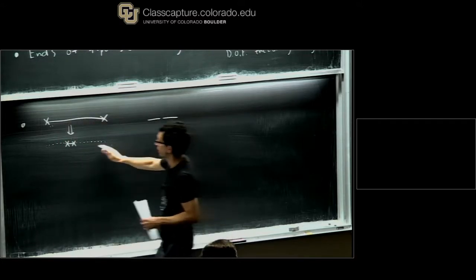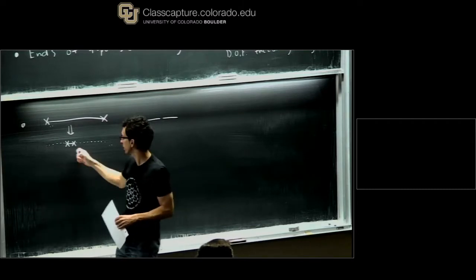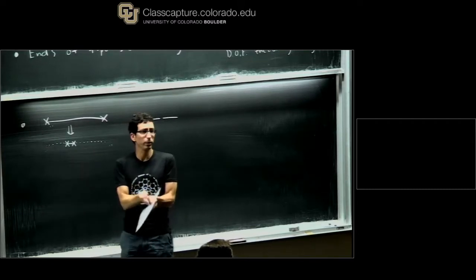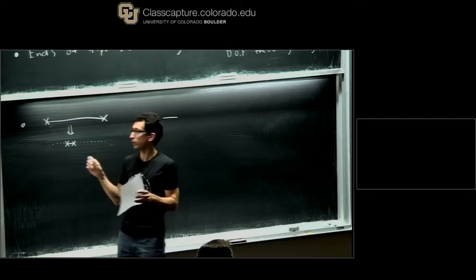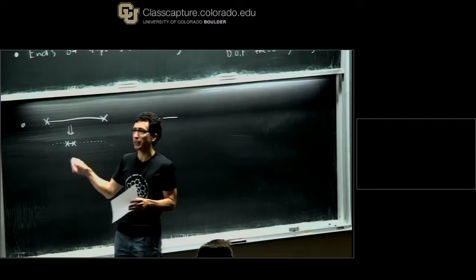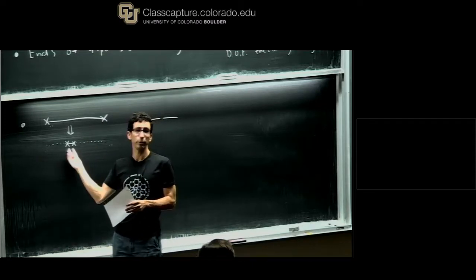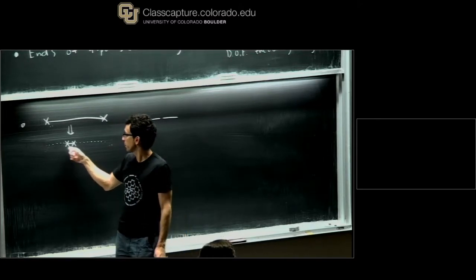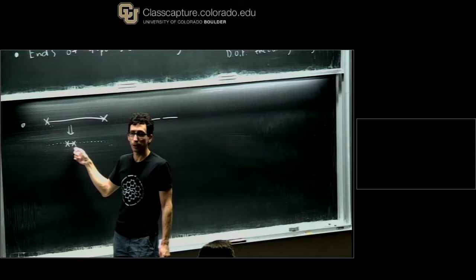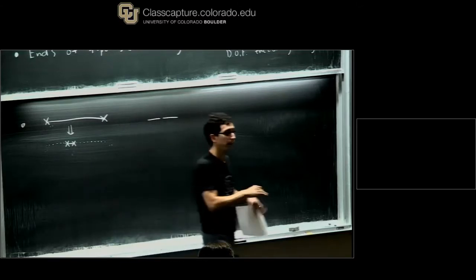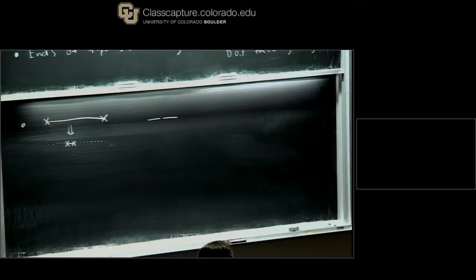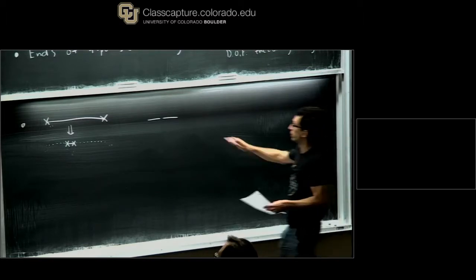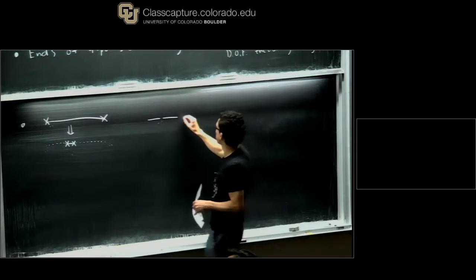These dashed lines are trivial regions, and I just have a tiny patch which is quote-unquote topological. It's not really a well-defined topological phase anymore because I'm assuming this is sufficiently small so that it's really not a sharp distinction. So once those Majorana modes come together, they hybridize with each other and form a fermion that costs you finite energy to occupy. So this originally twofold ground state degeneracy will split.